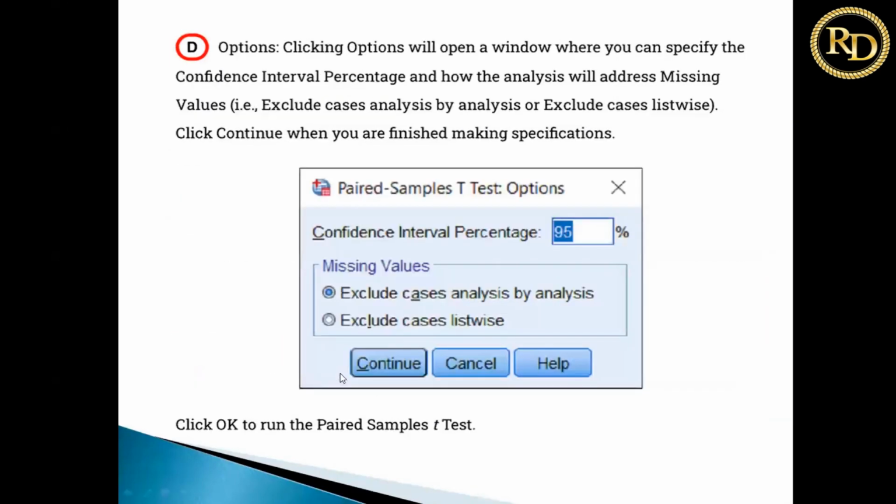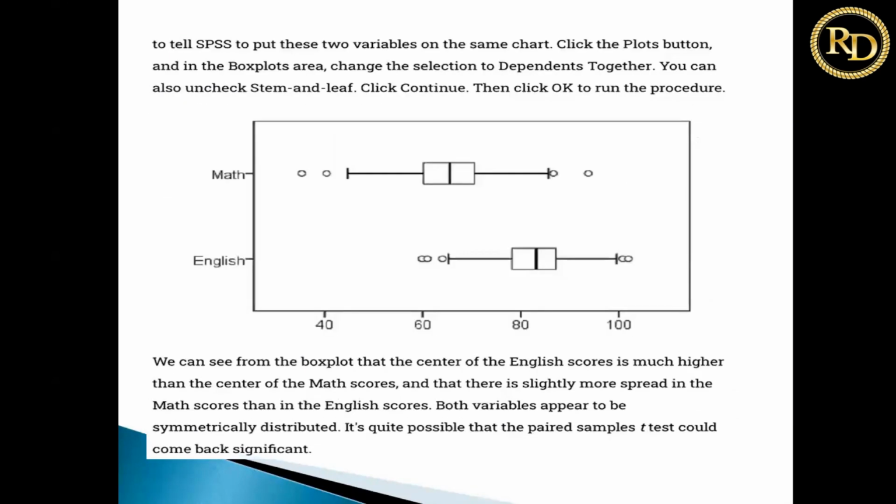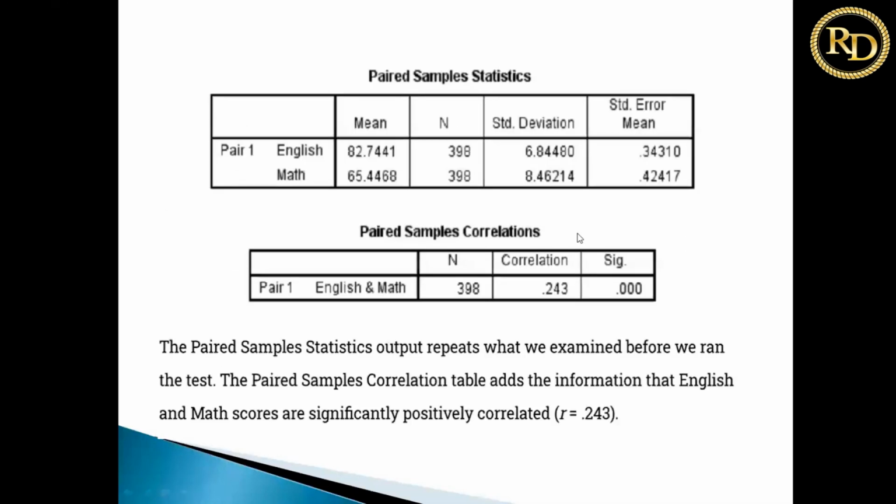So you will get this output. Here we have taken 398 persons for the test of two subjects, English and mathematics. You can see that the mean score for English is 82.7 and for mathematics it is 65.4.